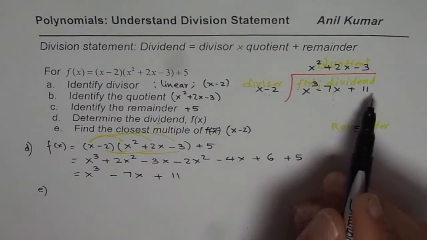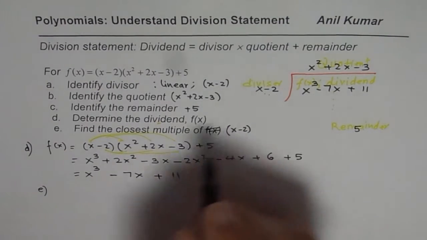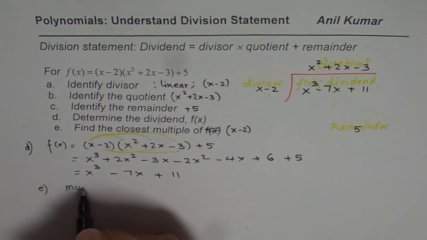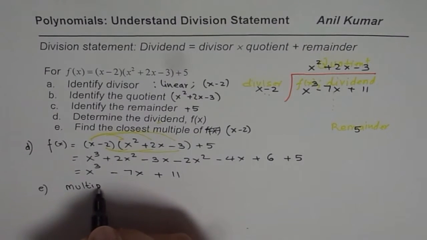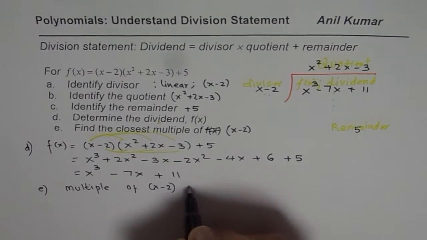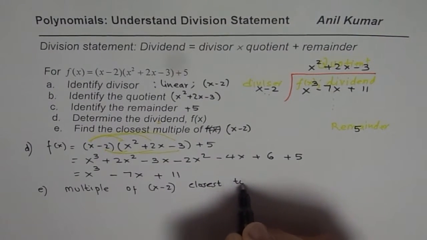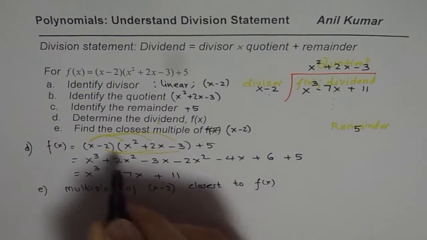Now, if I'm looking for another function which is a multiple of x minus 2, let me write down correctly what we're trying to find. We are trying to find a multiple of x minus 2 closest to f of x. There is a typing error there.